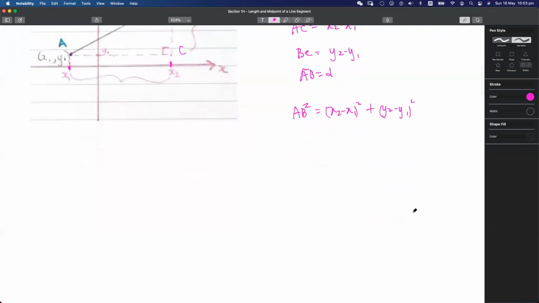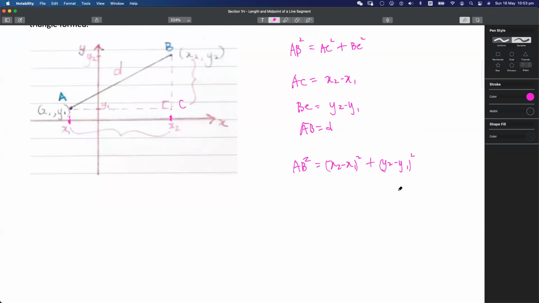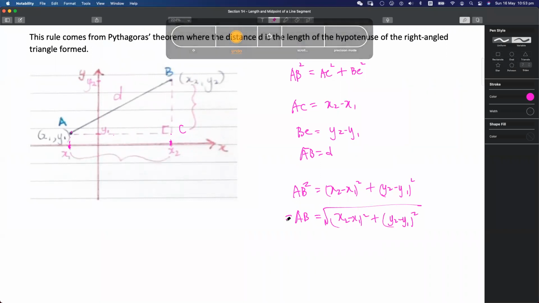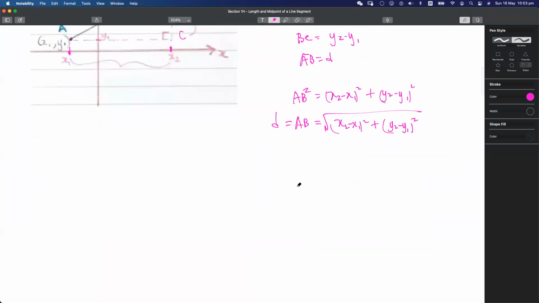Our AB can be found by taking the square root of both sides. The square root of AB squared just gives us AB, and the other side gives us the square root of (x2 minus x1) squared plus (y2 minus y1) squared. This AB is our distance d, the distance of the 2 points A and B.